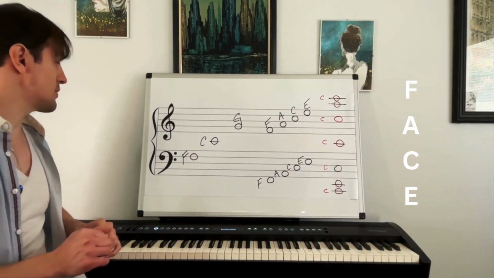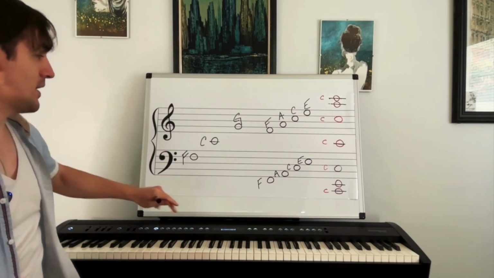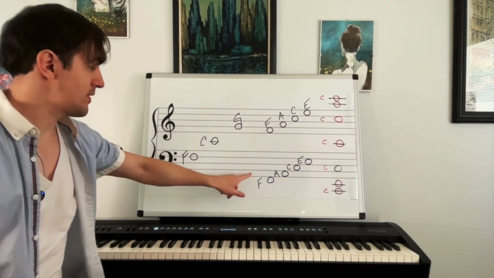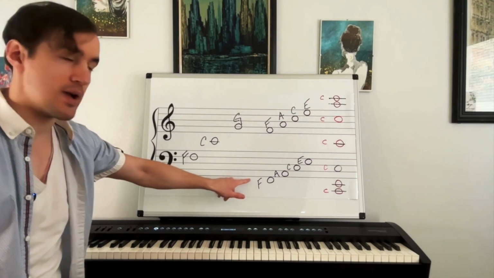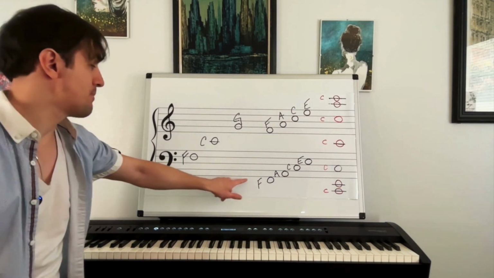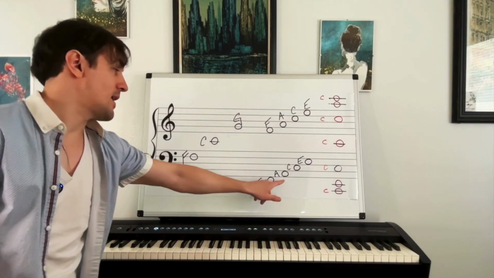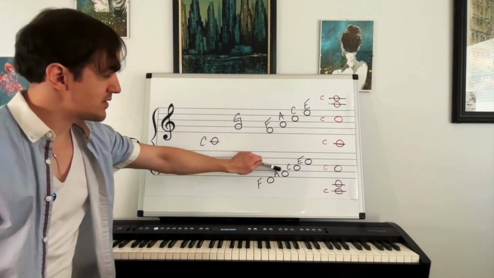The same is true down here in bass clef, except now you're dropping F, and F is starting right here at the bottom of your F clef. So it's the open space. Here's F, A, C, and E, and right here spells FACE.